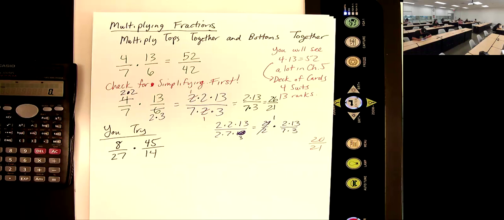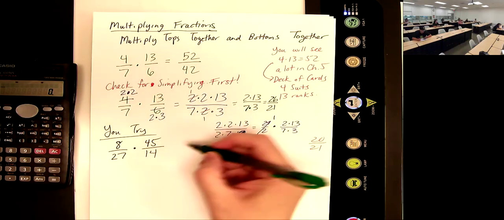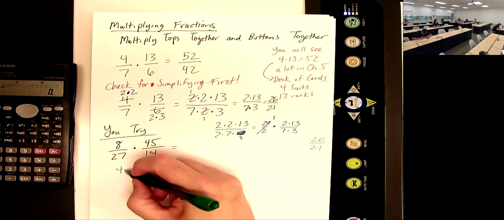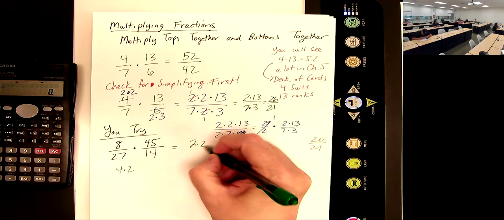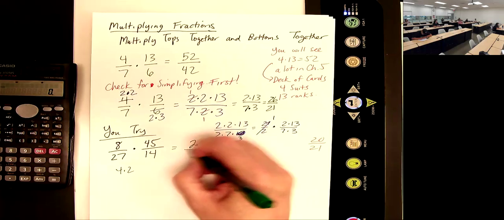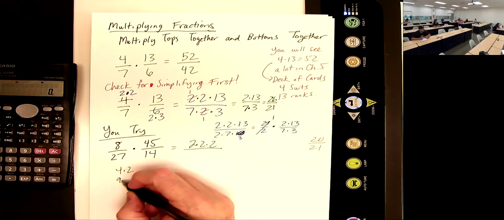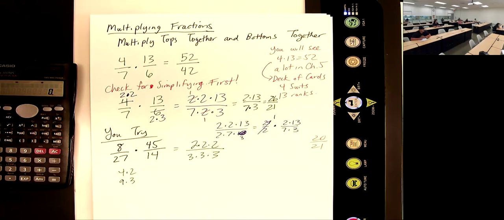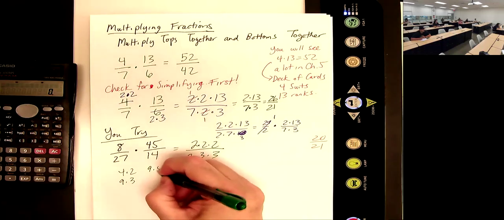So here, we go ahead and factor. 8 is 4 times 2. And 4 is 2 times 2, so we got 3 2s there. 27 is 9 times 3. 9 is 3 times 3, so we got 3 3s there. 45 is 9 and 5.